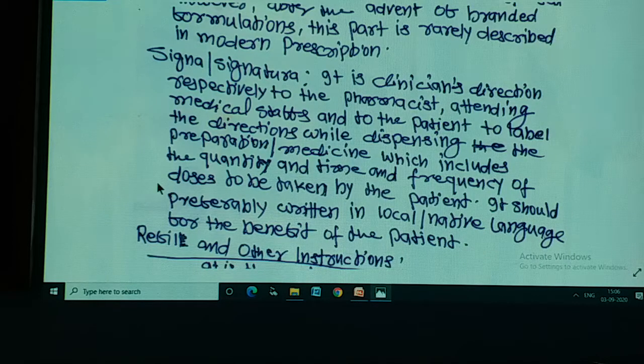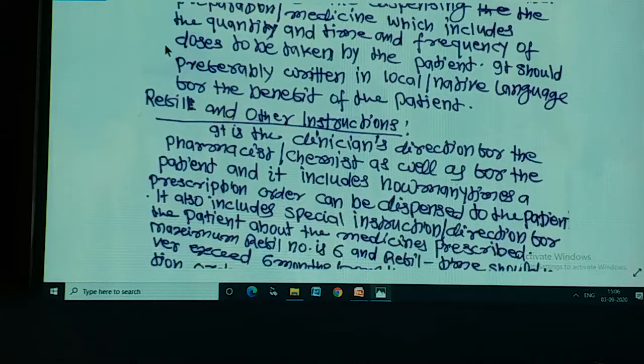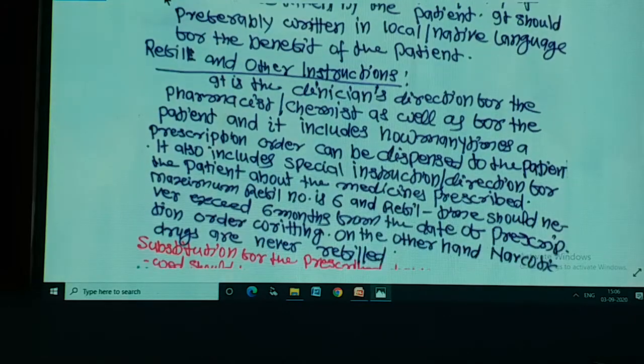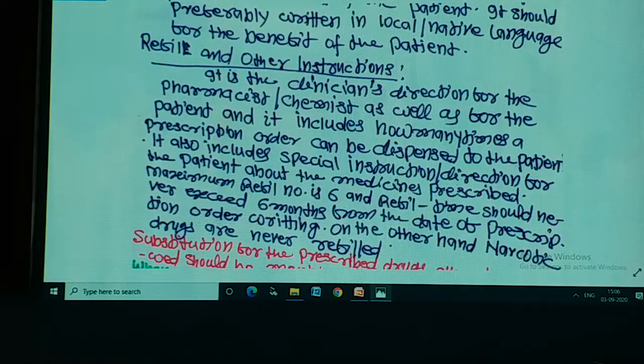Next part of the prescription is refill and other instructions. Refill is the clinician's direction for the pharmacist or chemist as well as for the patient, and it includes how many times a prescription order can be dispensed to the patient.